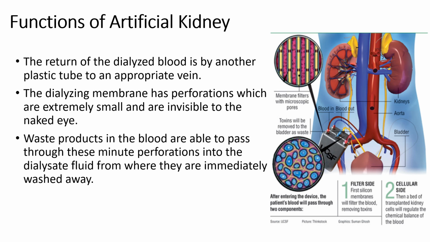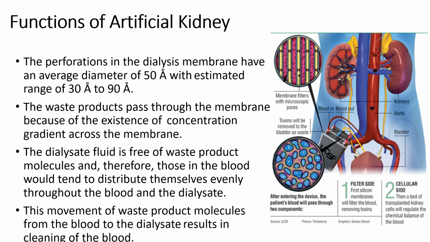The waste products in the blood are able to pass through these minute perforations into the dialysate fluid, where they can be washed away immediately. These perforations of the dialysis membrane have an average diameter of 50 Angstrom units, estimated from a range of 30 to 90 Angstrom units.